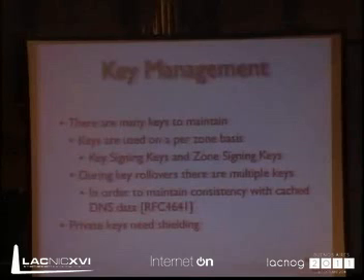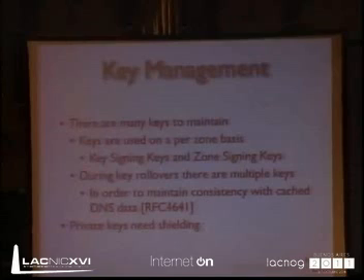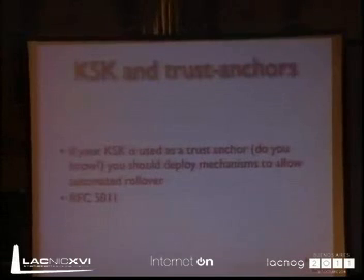DNSSEC on one zone is difficult enough, so to speak, as an authoritative server, but you can do it manually. But as soon as you have more than 5 zones to maintain, forget manual. Really, don't even try. It's becoming very expensive operationally and you will make errors. So you need tools.